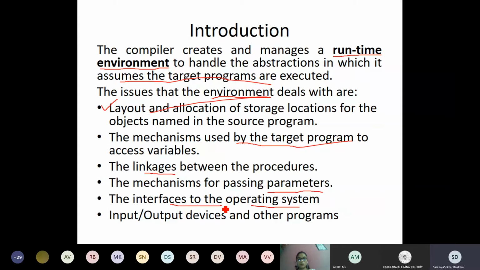So the compiler should see to it that there is an interface which communicates with the operating system to provide the facility of taking the input. Okay, and then finally the input output devices and all the other programs. So these are all the different things the runtime environment created by the compiler is assumed to handle. The compiler assumes that the target program is going to be executing, and these are the things it is going to handle.